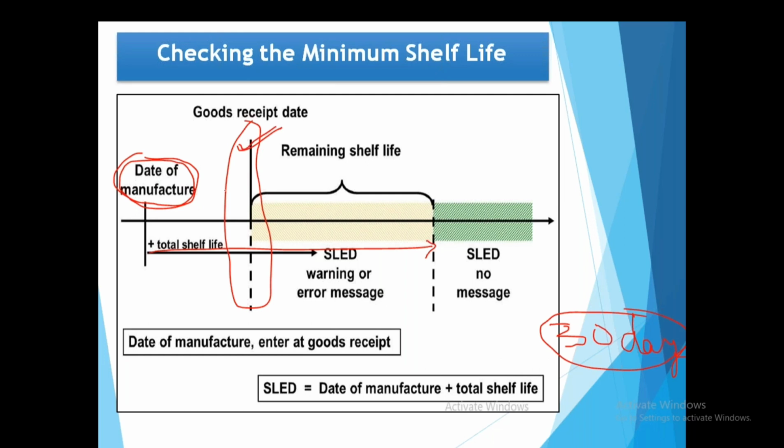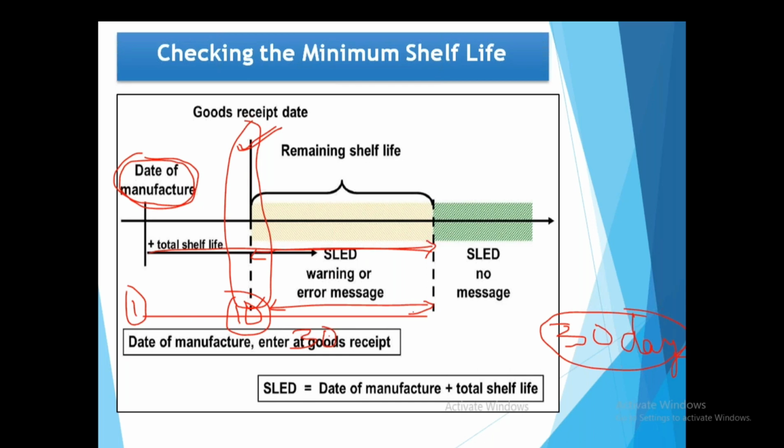Now when you are receiving on that date, the system will check whether remaining shelf life is available or not. Let's say total shelf life is 30 days. Now on the 10th day you are receiving the material, manufactured on the first day. So the remaining shelf life is how many days? 20 days.